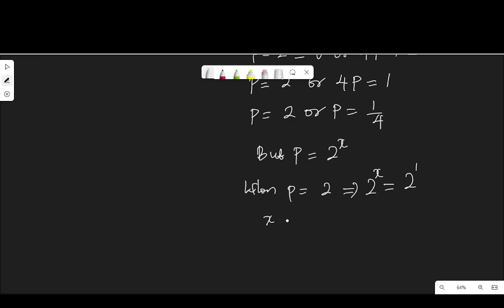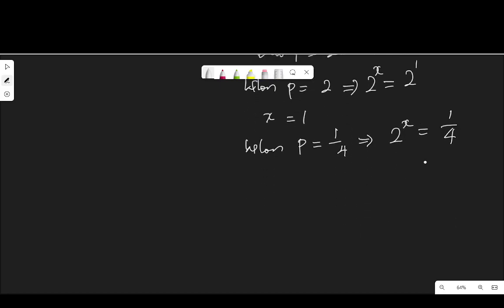Hence, x is 1. Again, when p is 1 over 4, it implies 2 to the power of x is 1 over 4.